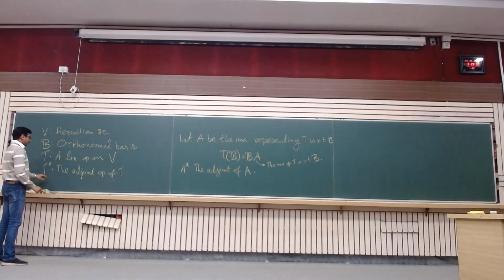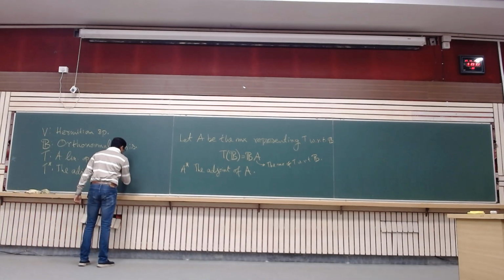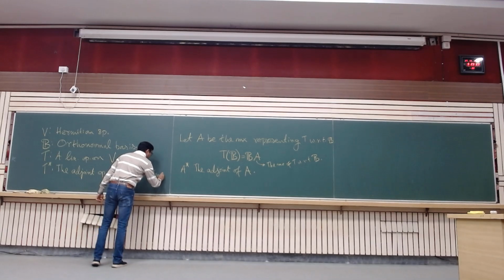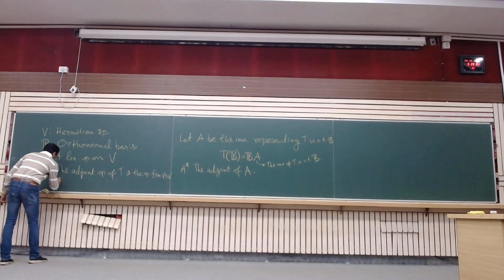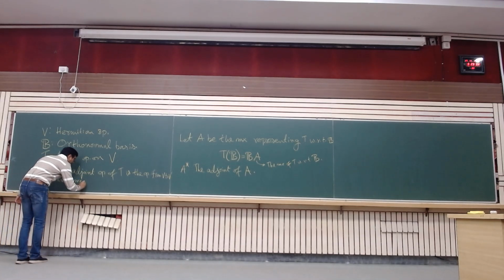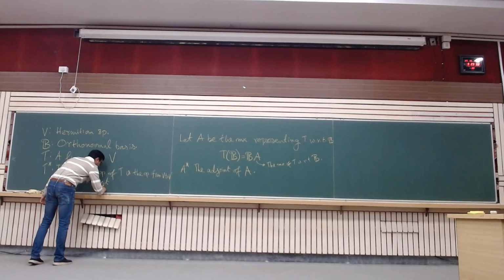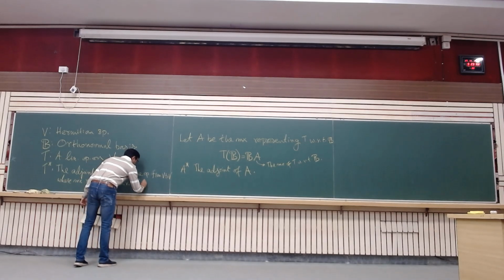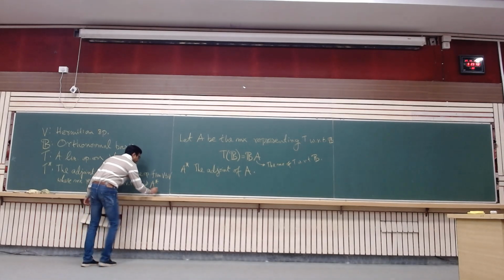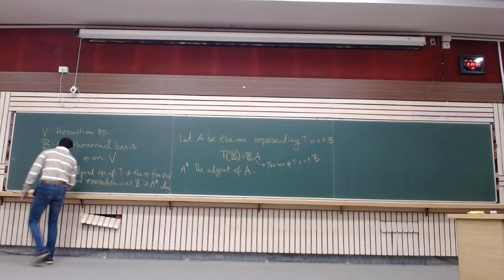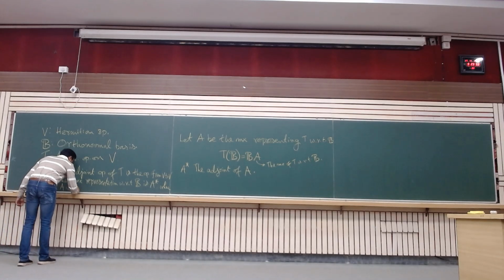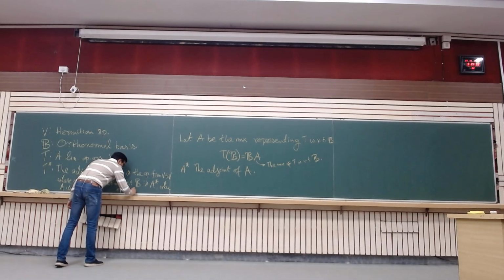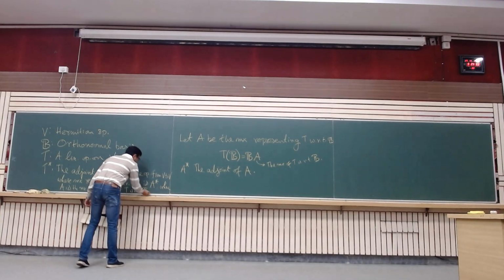T star, the adjoint operator of T, is the operator from V to V whose matrix representation with respect to B is A star, where A is the matrix representation of T with respect to B.